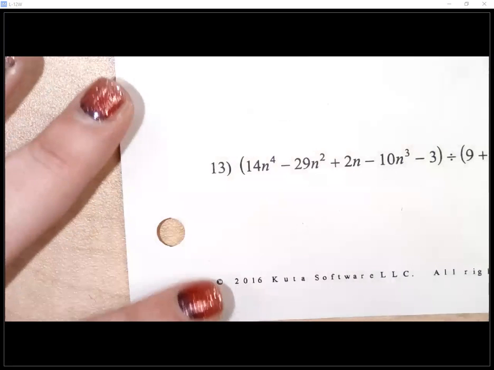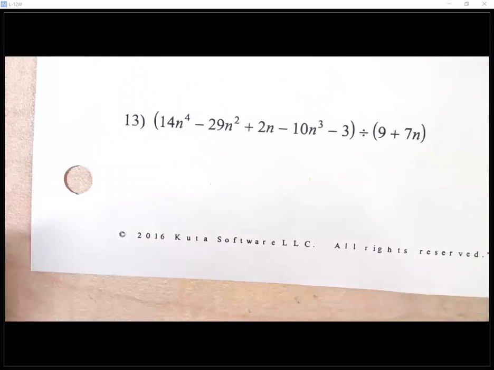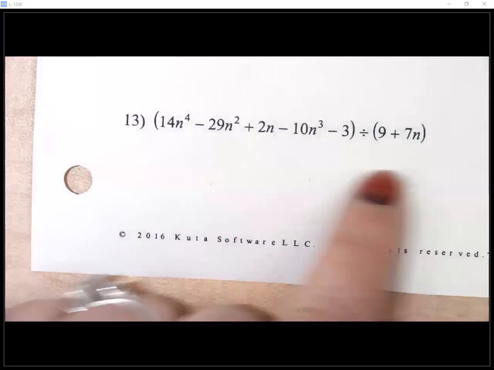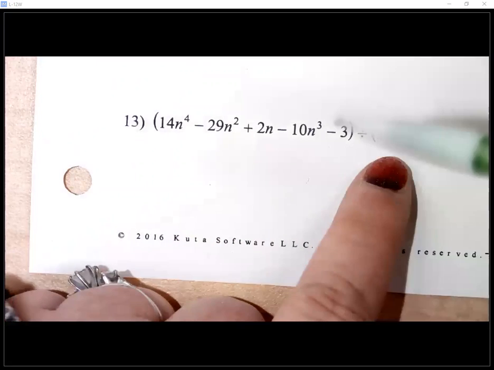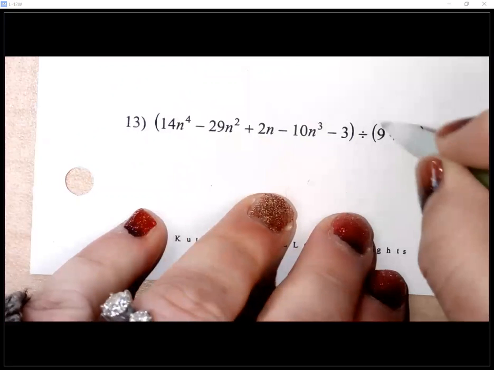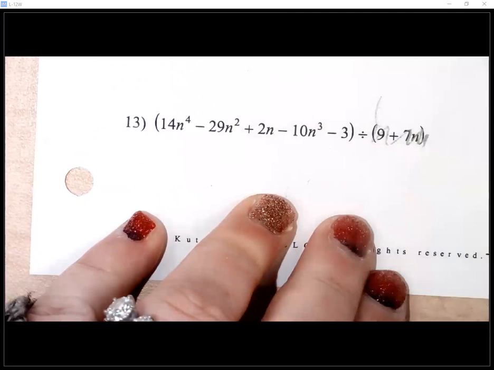So if I gave you this, and the directions were just divide these two, I don't say if you have to do long division or synthetic. If you're looking at this, you can't do this one with synthetic. Why? Because first of all, it's not in standard form. So let me just rewrite it as 7n plus 9, if I fixed it.